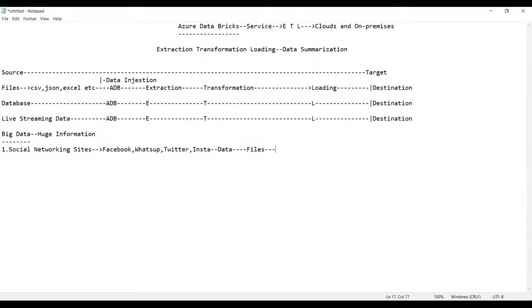These files we get into ADB, that is Azure Databricks, perform extraction, then transformation, then loading. Finally, the data will be loaded into the destination. Okay, guys, everyone?